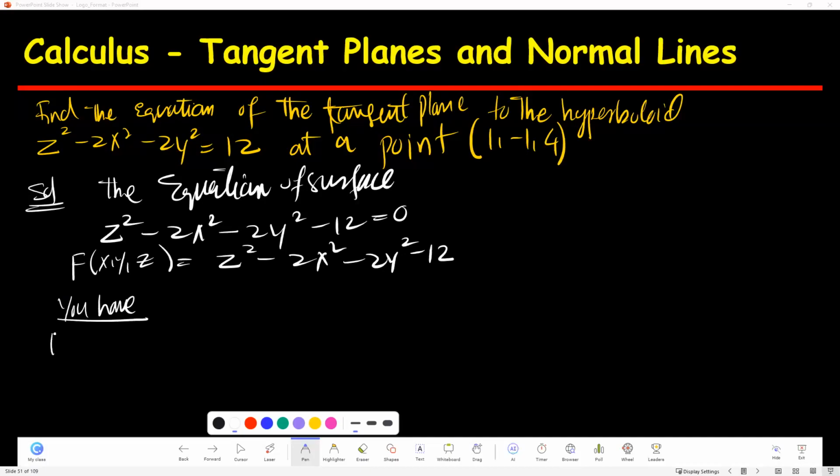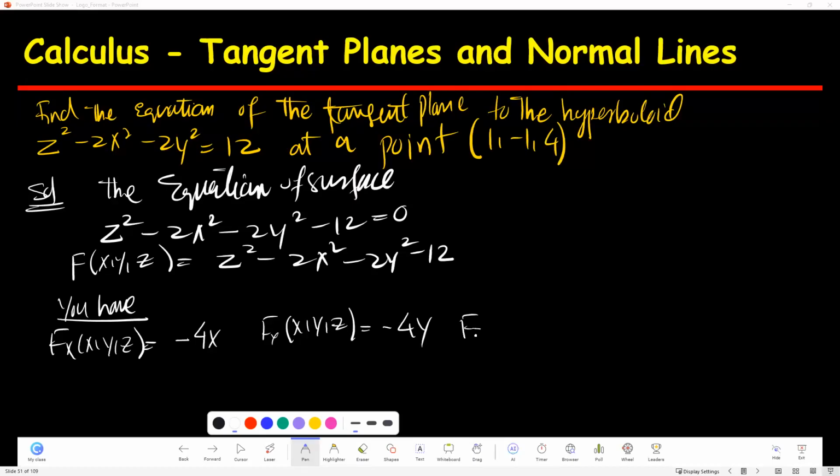We have this f. If I take the derivative with respect to x for this equation, the answer would be minus 4x. And if I take the derivative with respect to y, the answer would be minus 4y.